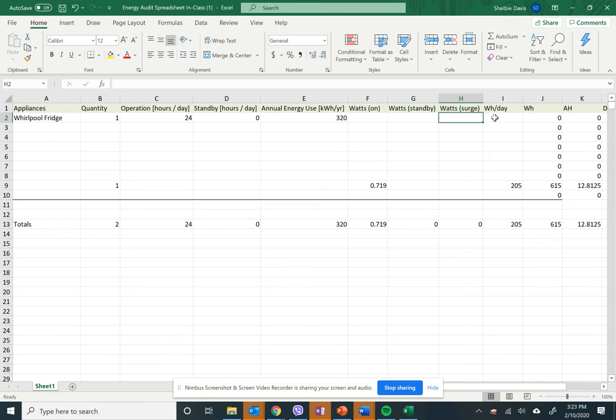So we need to take that and change it to watt hours per day. So who wants to do that conversion? Watt hours per day, but it's asking for kilowatt hours per year. Yep. You put kilowatt hours per year, then we have to convert it to watt hours per day. Oh, okay.